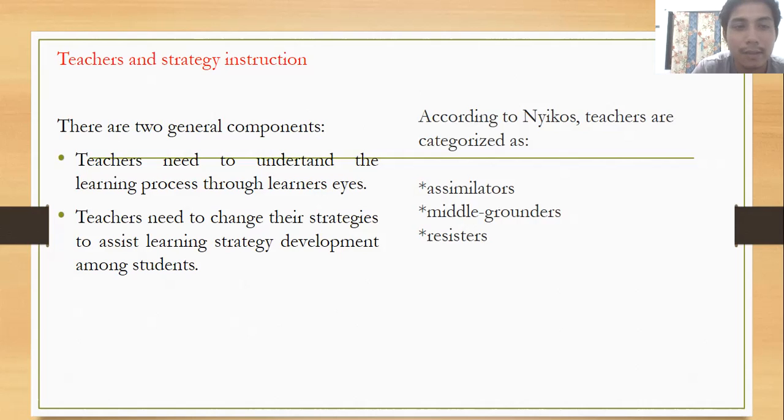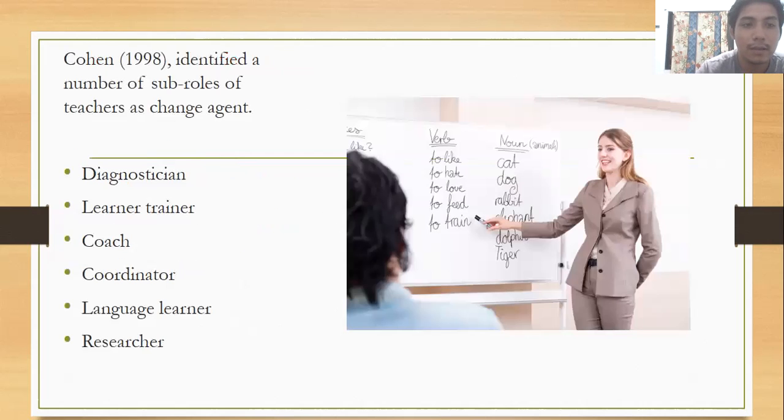And the resistors are those who were unable to let go of a transmission model of teaching. Those are the categories of teachers according to GCOS. And well, we're going to move on to the next slide.